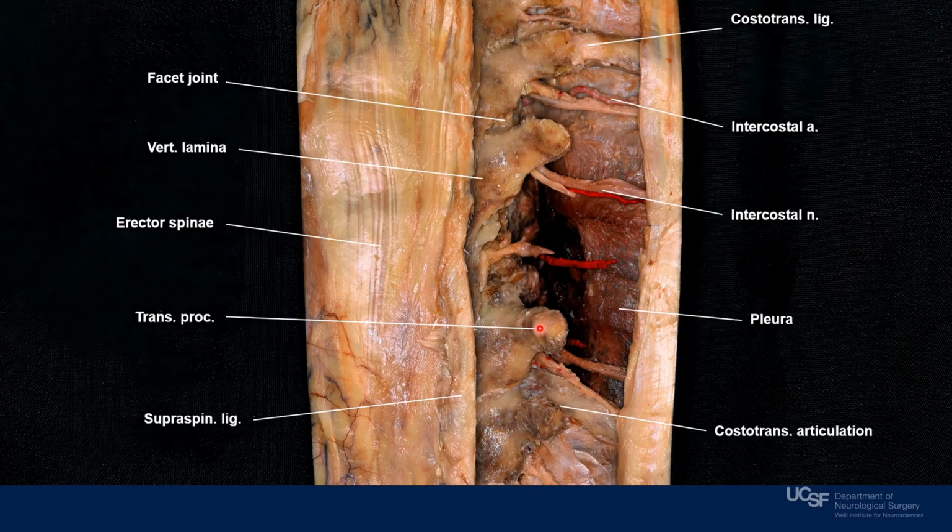We see the transverse process, the inferior articular process, the superior adjacent articular process, the zygapophyseal joint, lamina, the intervertebral foramen being exposed, the vertebral bodies and interbody space with the disc, and of course the spinous processes with their respective ligaments.